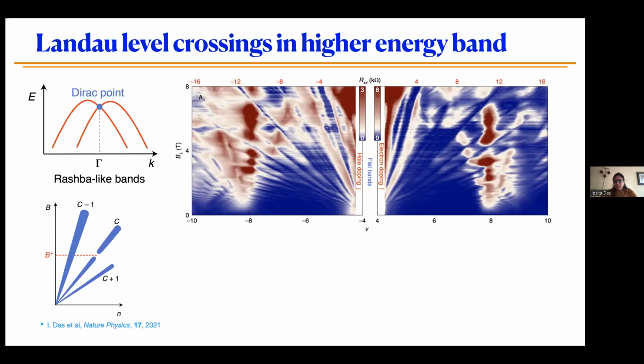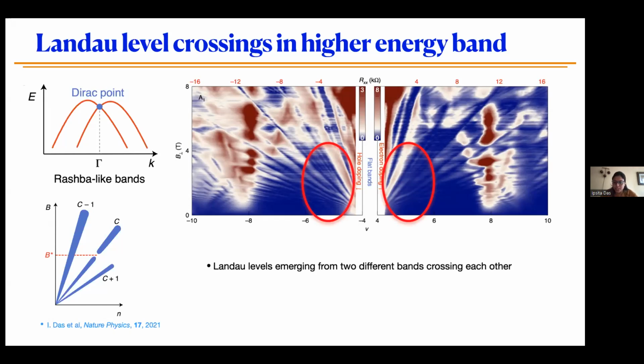So if you zoom in close to the lower magnetic field region, then you will see one Landau level is emerging from one point, and at a certain magnetic field, it stops, it kind of gets interrupted there. And then if you keep on increasing the magnetic field, it continues again, which means that you have two Landau levels coming out from two different bands crossing each other.